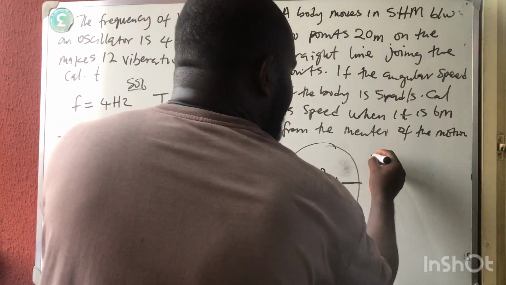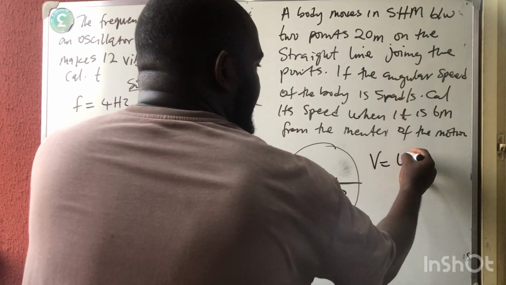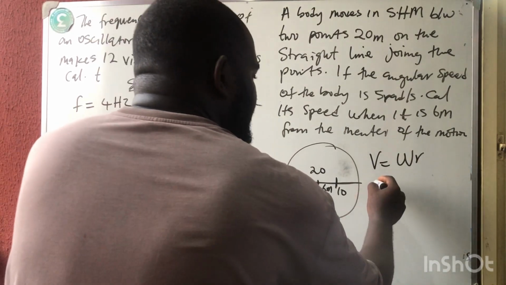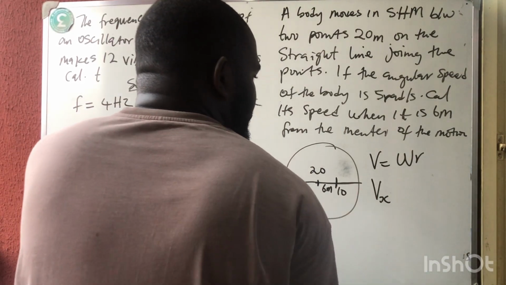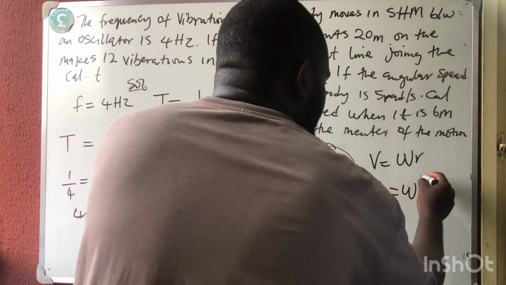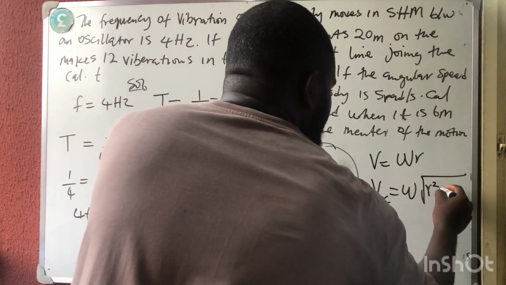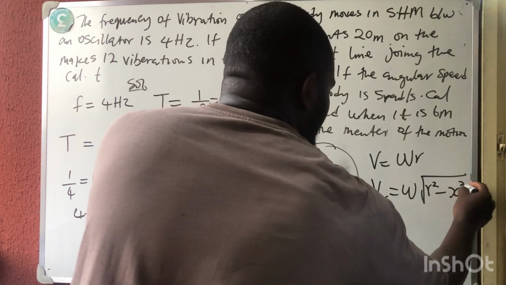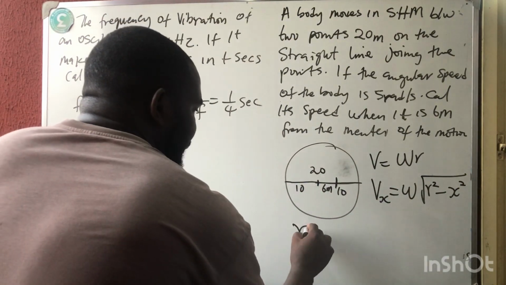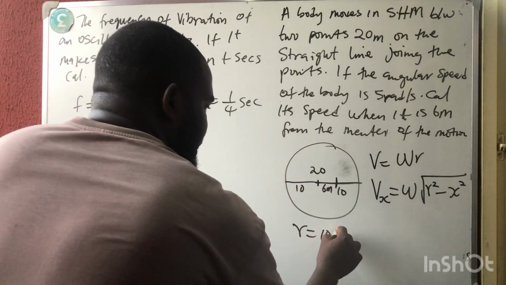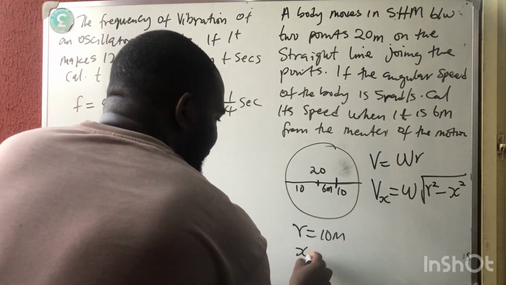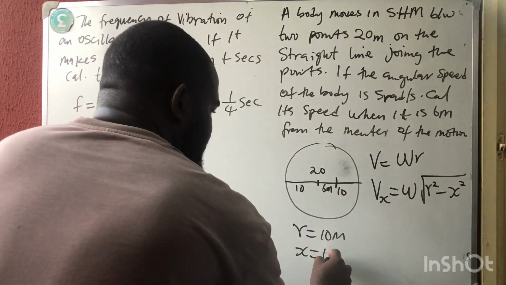So the total velocity normally is supposed to be w r, is it not? But the velocity at x is equal to what? W the square root of r squared minus x squared. Don't forget. So from here, my r is half of that 20, which is 10 meters, and my x is that point from the center, which is 6 meters.